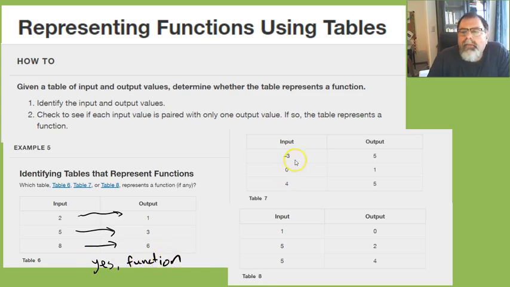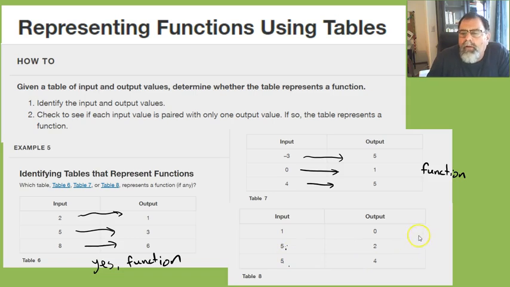Okay, table 7, -3, 0, 4. And again, we just have one output for each of these. So that one's a function. And then here we got 1, and then we got 5 repeated here. So if we were to make our arrow diagram, we would just write 5 once, and then 5 would get assigned 2 different values.